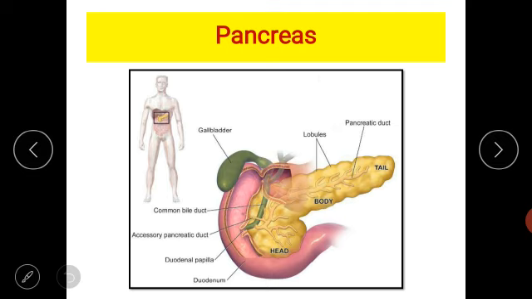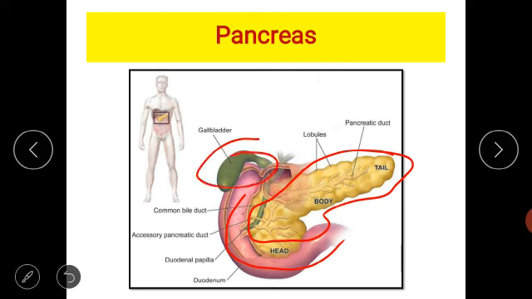We can see this is the small intestine, this is the pancreatic gland. Here you can see the gallbladder, which is attached to the liver. Yes, so these are the parts of the whole system, how it looks like.